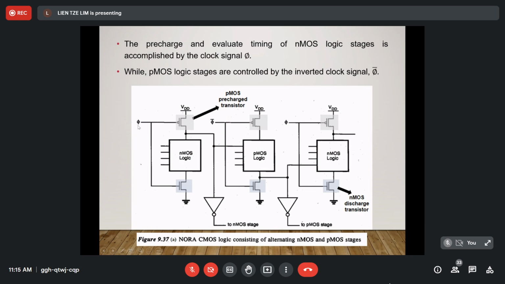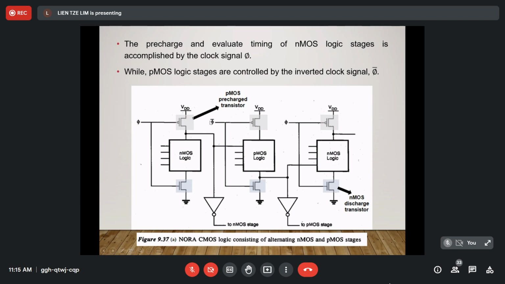It's driven by the clock signal. This is the clock signal. The clock signal is a separate clock signal to the respective PMOS. The pre-charge and evaluation timings of the NMOS logic stage are accomplished by the clock signal, while the PMOS logic stages are controlled by the inverted clock signal.